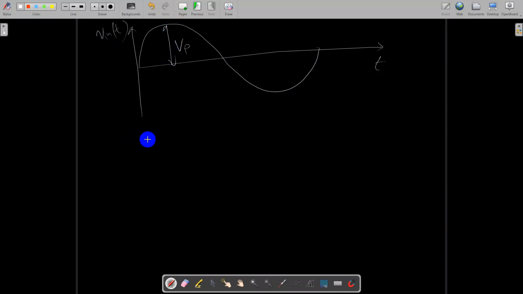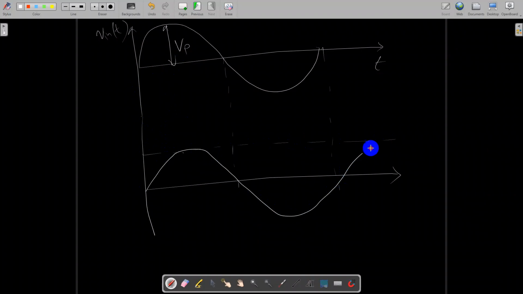And I also told that it is linear time invariant and it will not be shifted, so this point will be fixed, no delay. And this voltage will be alpha times VP, alpha VP, where alpha is less than 1 here.